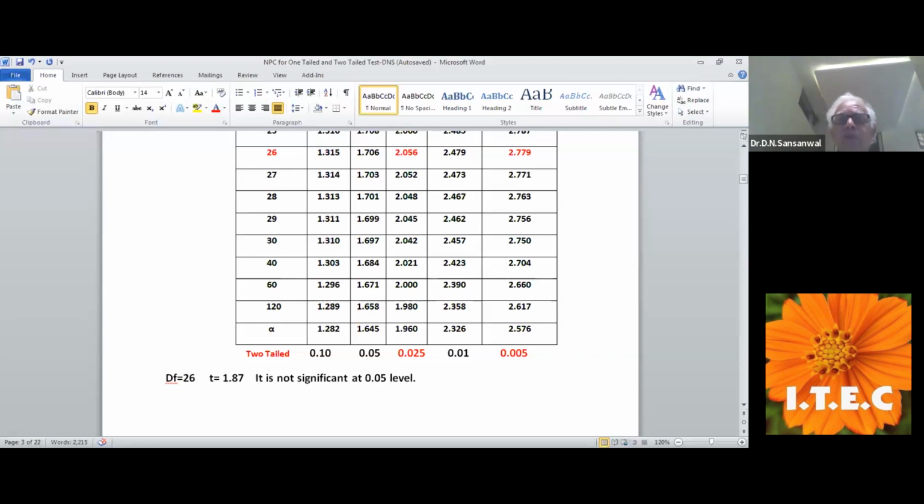Gaurav, if the value is not significant, what is the meaning of it? No, Gaurav, what is the meaning of it? If the value is not significant, the meaning is that the means do not differ significantly.